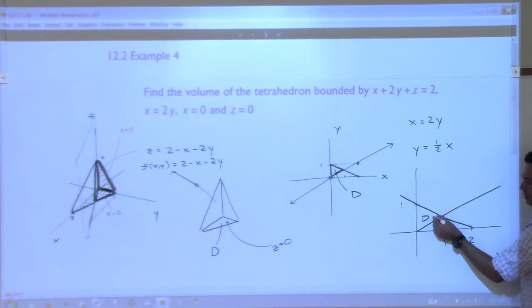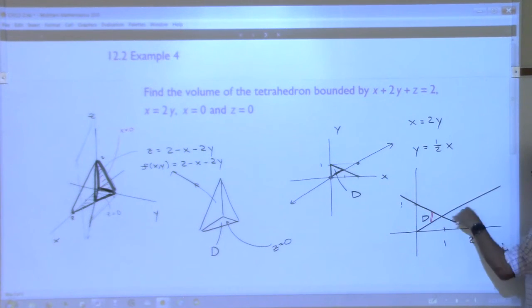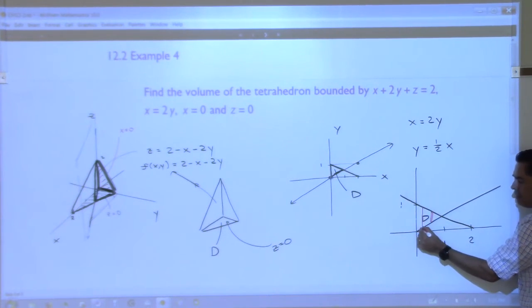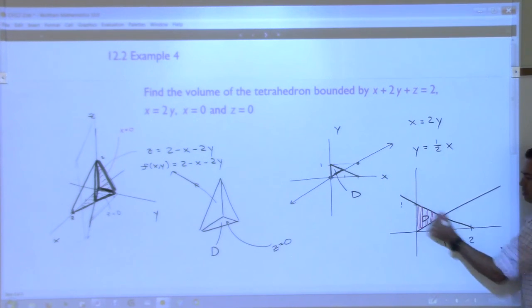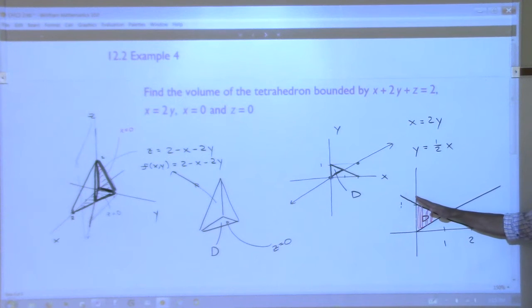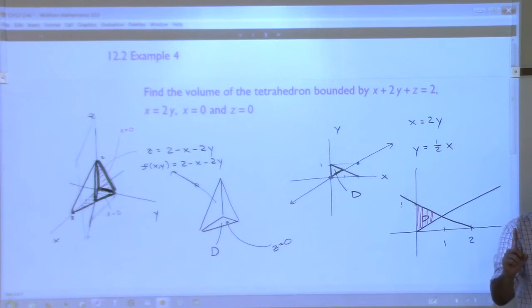I said if you were to draw a little rectangle in here, is your top curve and bottom curve changing, or is it the same the whole time? So here, if I draw my rectangle there, or here, or here, it doesn't matter where I draw my rectangle. Do you agree that the top curve, in this case it's a line, and the bottom curve are the same the whole time, right? So this would be perfect for type 1.